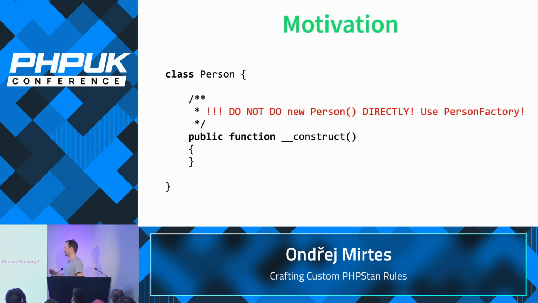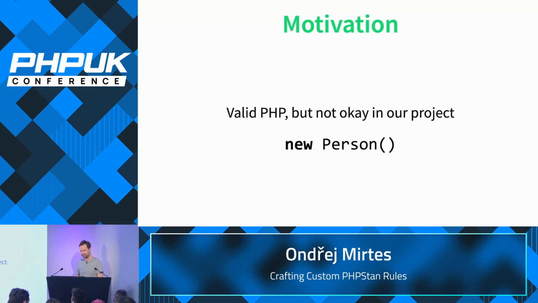So you want to enforce that every new Person entity created in your application goes through these checks. So you want to use PersonFactory everywhere. So this is what custom rules boil down to.